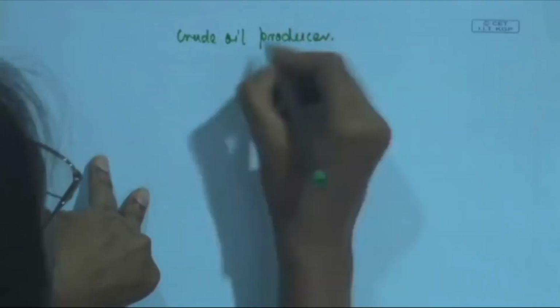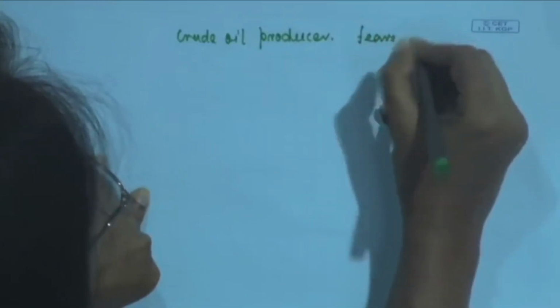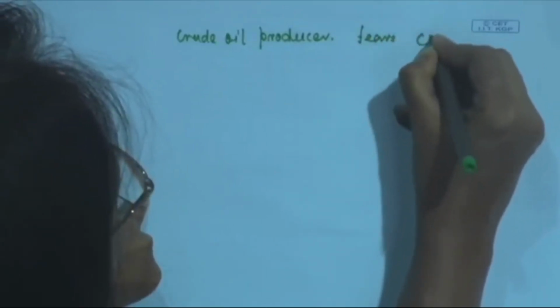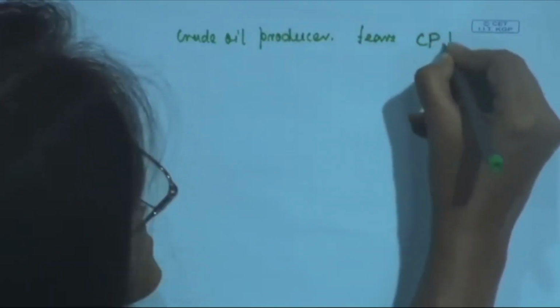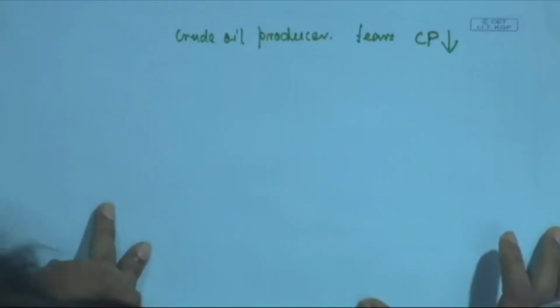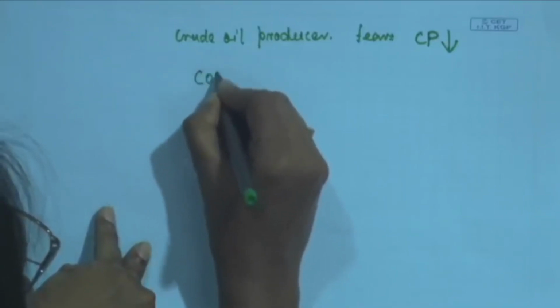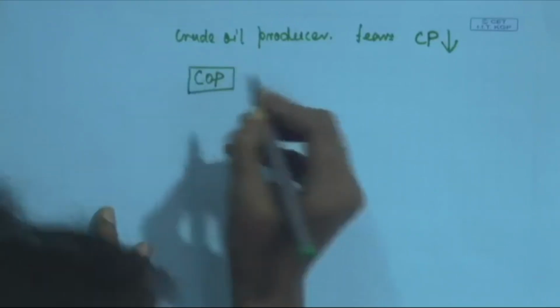The crude oil producer fears a crude oil price decline. So how will he mitigate that risk? Let me shorten it to COP, crude oil producer.